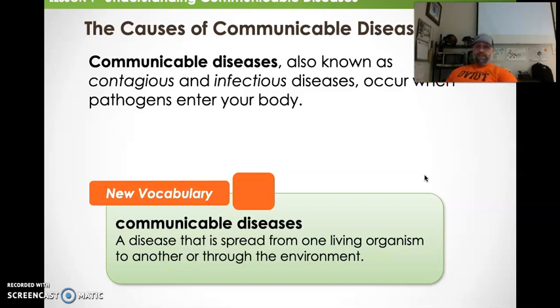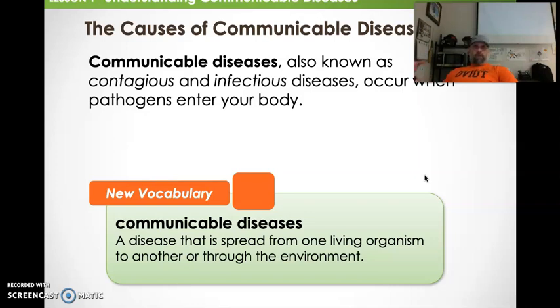To give you a really good definition: communicable disease, a disease that is spread from one living organism to another or through the environment. So when they talk about communicable disease, it's not just diseases that are transmitted from one person to the next. They talk about living organisms from one to the next, and there's lots of speculation as to where the coronavirus came from.